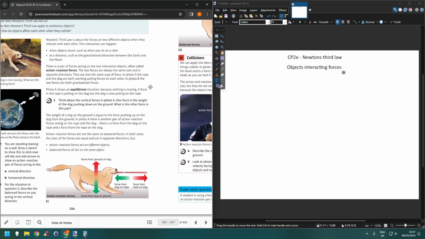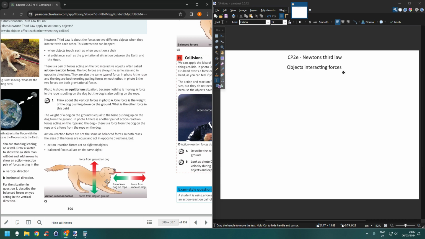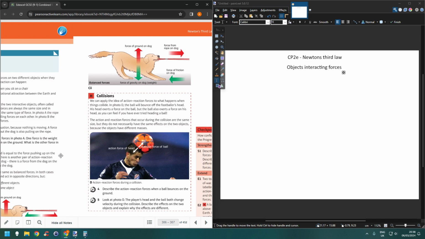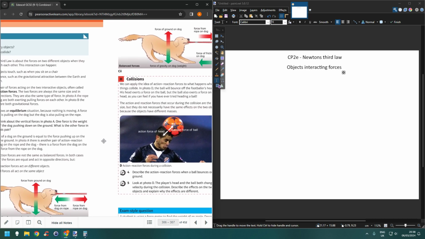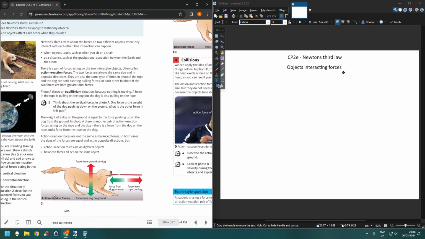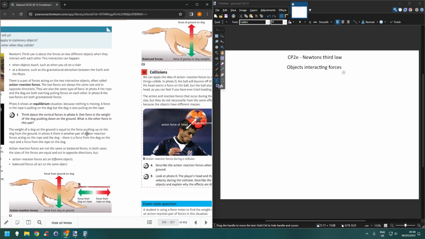Okay, action-reaction forces. So that's what I think this should be. Action-reaction forces are simply worded versions of balanced forces.